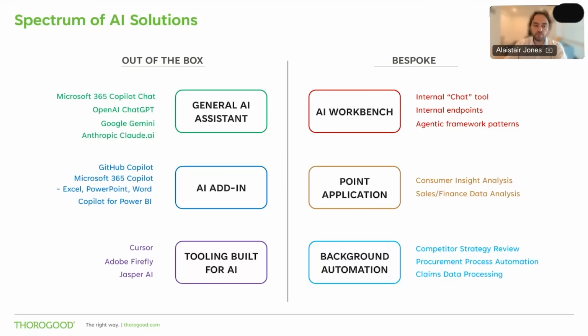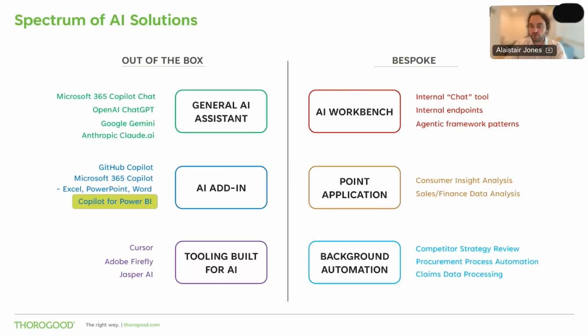So there's Copilot within Microsoft 365. Of course, most relevant for today's webinar is Copilot for Power BI, what we'll be discussing. There's certain software that's been built for this AI era, the likes of Cursor, Adobe Firefly, Jasper AI. And then, so those are distinctions within more out-of-the-box solutions. Again, not clear distinctions between these things, but we're trying to create a mental model for people to help think about the different AI solutions that exist today.